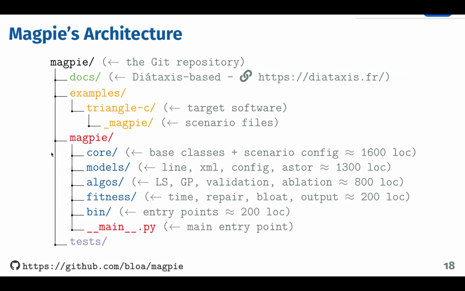So Magpie provides algorithms. It provides many different local searches, variants of genetic programming, validation algorithms, ablation analysis, 800 lines of code for all of what algorithms are. It provides many ways to compute fitness based on time, repair, output, on a few entry points.